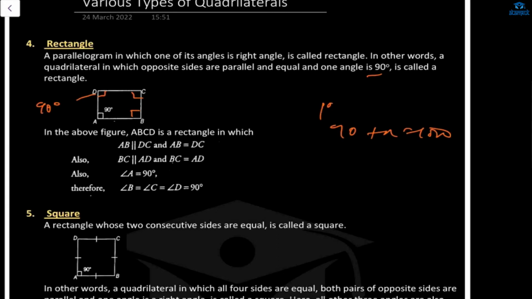Similarly, D and C are co-interior angles, so angle C will also be 90 degree. Angle C and angle B are co-interior, so all the angles here are 90 degree. Any doubt? No, ma'am, no doubts.